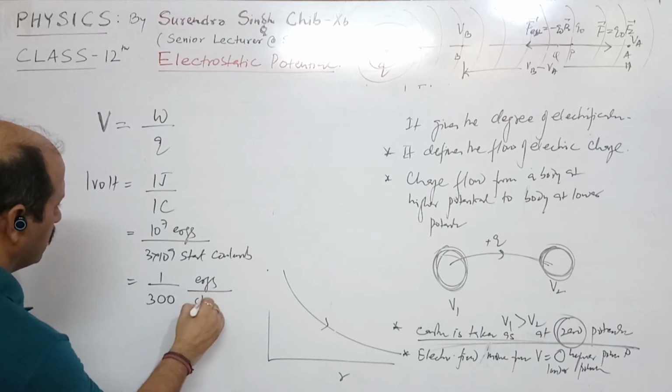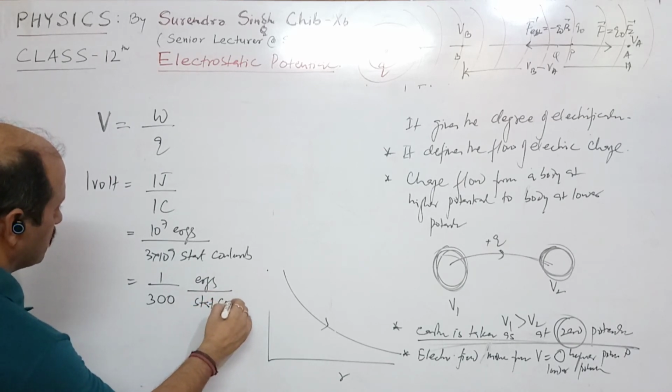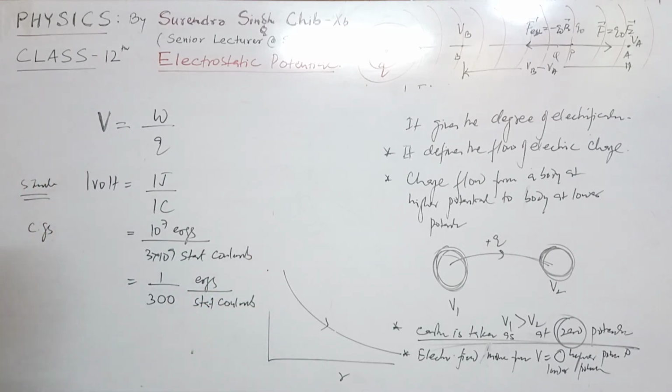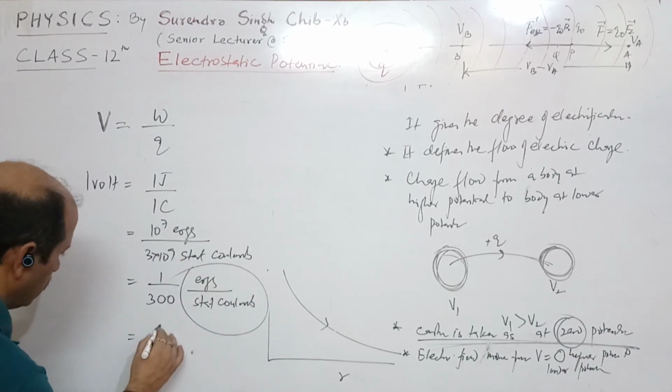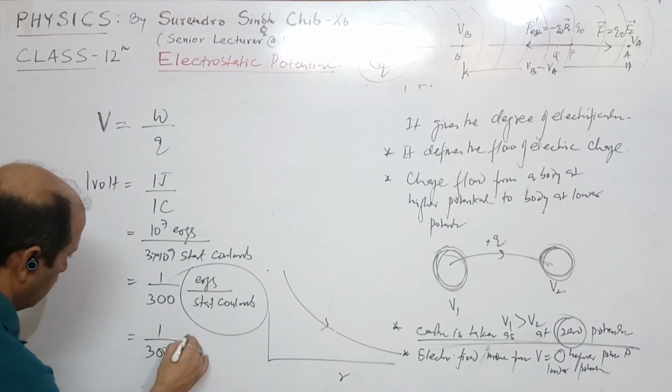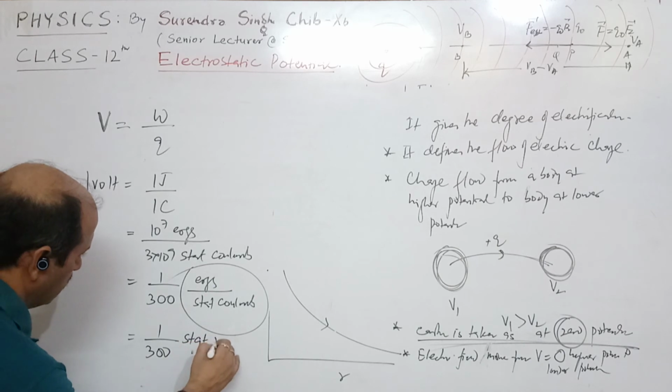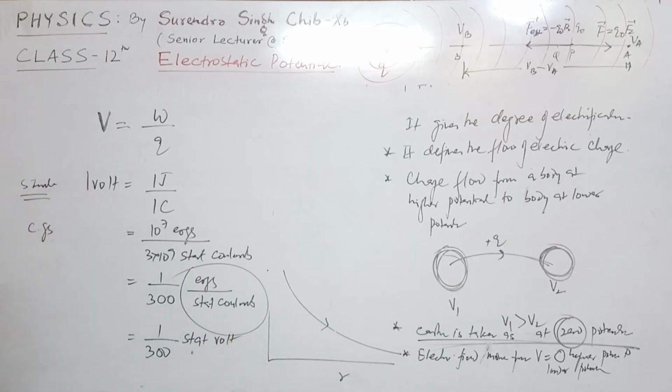Ergs upon stat coulomb. See here, you can derive it. It is 1 upon 300 ergs upon stat coulomb. और इसे हम पूरे को क्या कहते हैं? Stat volt. It is 1 upon 300 stat volt. इसका मतलब one stat volt is 300 volt.